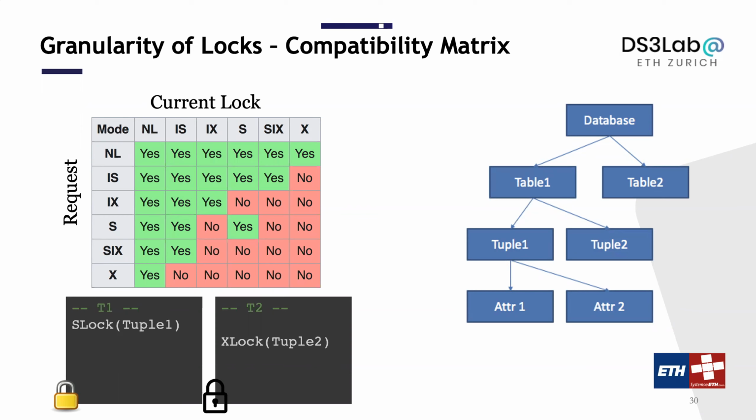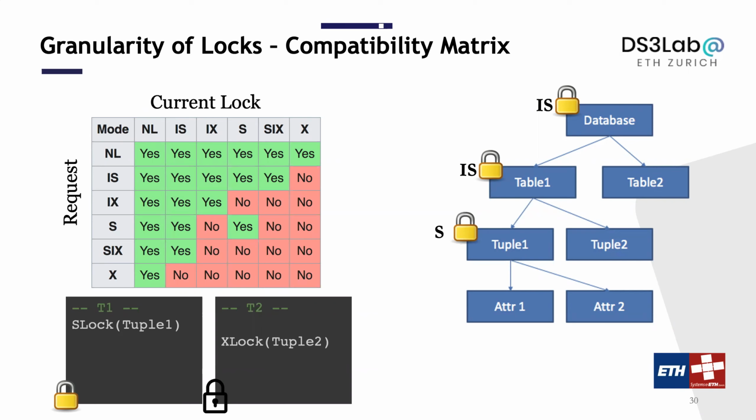Assuming T1 issues the request first, it starts from the root because it wants a shared lock on tuple 1. It gets an intention share lock on the database. If the database gives it, it goes down one level and tries to get the intention share lock on table 1. If it gets that, it then gets the share lock on tuple 1.